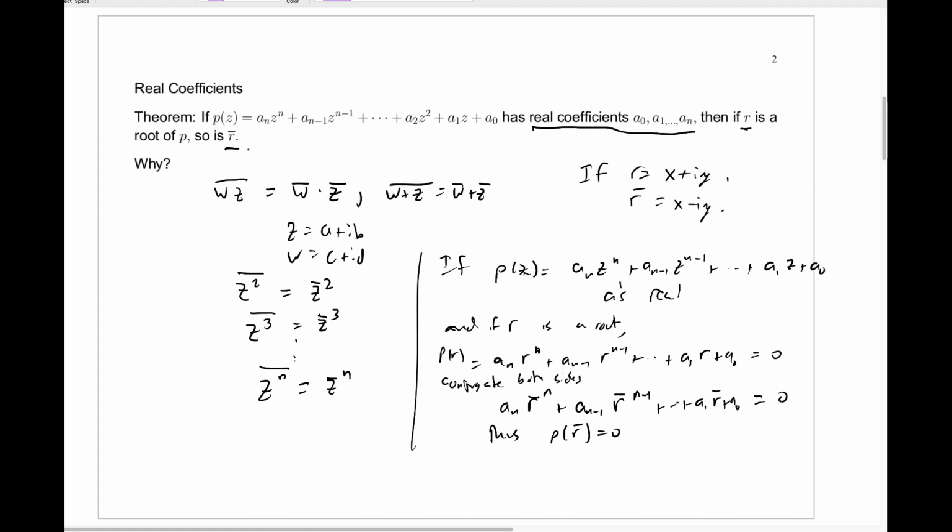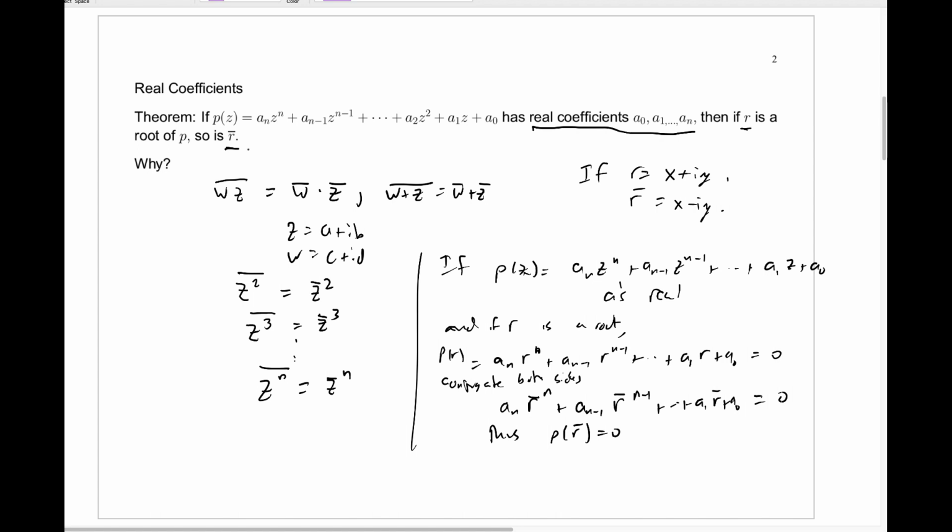Now you might wonder, why would we care about that? Well, we already saw that that was really important when we were looking at the characteristic polynomial of a second order linear, homogeneous, constant coefficient differential equation, because then the characteristic equation was just a second degree polynomial, a quadratic with real coefficients, and we did, in fact, need the fact that when the roots are complex, they come in conjugate pairs.